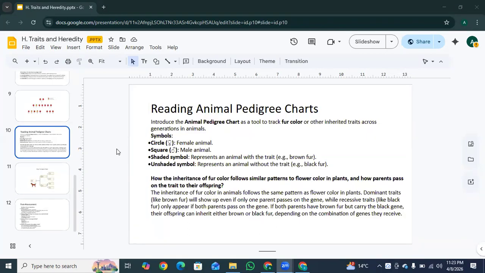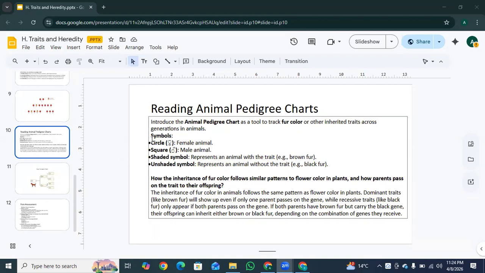Okay, the next one is reading an animal pedigree chart. Introduce the animal pedigree chart as a tool to track fur color or other inherited traits across generations in animals. So, this slide basically explains how to use an animal pedigree chart. This chart is like a family tree that helps us track how features are passed down through generations.